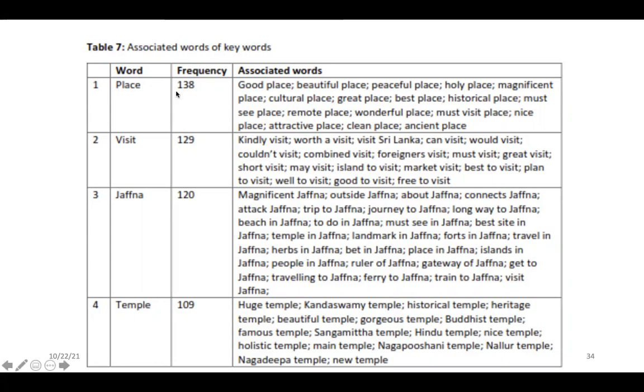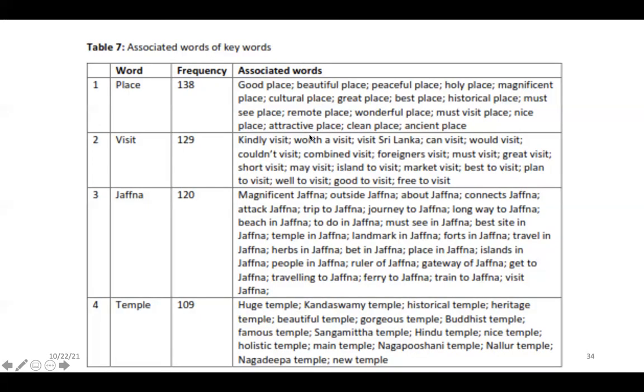With the word tree, you can identify the associated words. For example, the TripAdvisor reviews talk about the place, right? The most repetitive word was place, the second one was visit, third Jaffna, fourth temple. And the associated words: good place, beautiful place, peaceful place, holy place, magnificent place, cultural places.